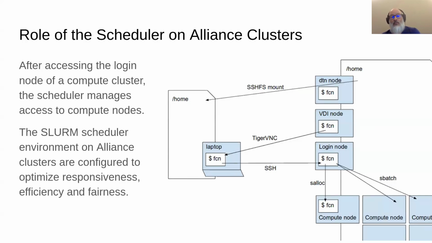So after accessing the login nodes on a compute cluster, the scheduler manages access to the compute nodes. So this is really the whole reason why the Alliance is able to offer these large-scale compute clusters and make them freely available to everybody in Canada and all their collaborators. Researchers are here with their laptop, and what we want to get is access to all of these compute nodes over here.